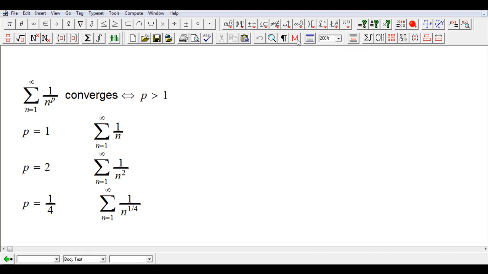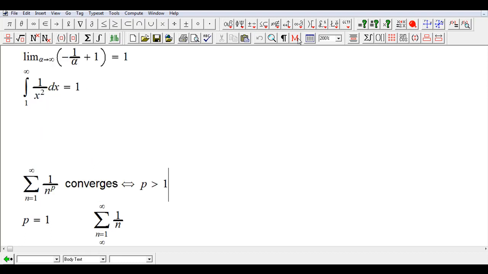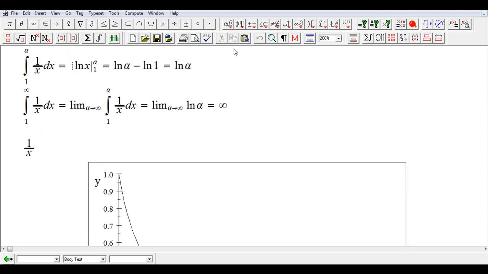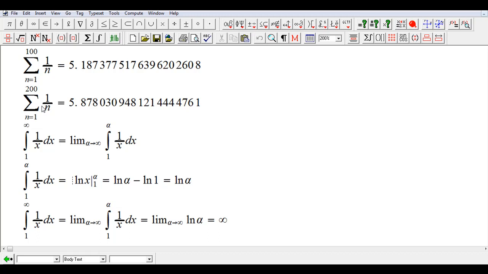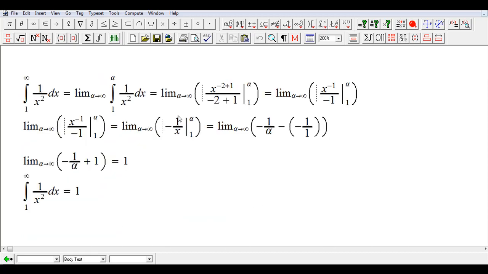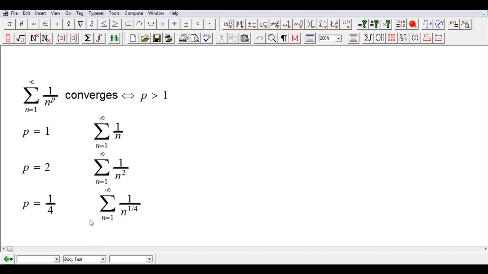Initially I thought it was less than 1, but we just saw that the series of 1 over n is divergent, and 1 over x squared is convergent. Improper integrals are on the final, don't forget. Are we good here?